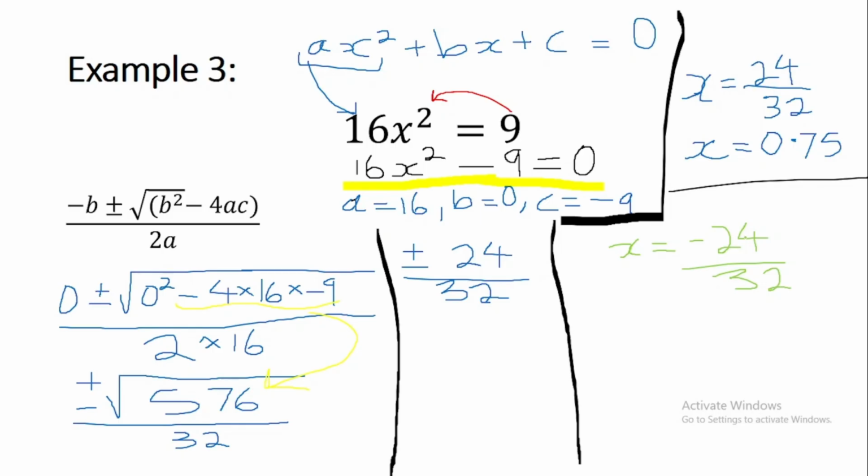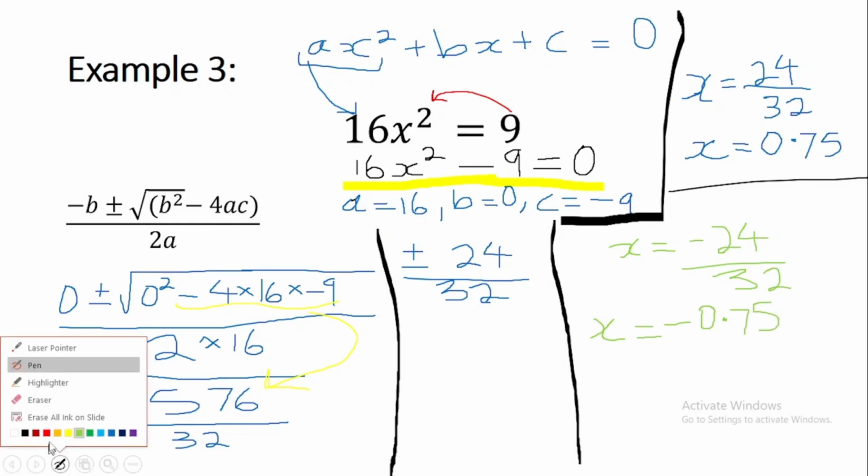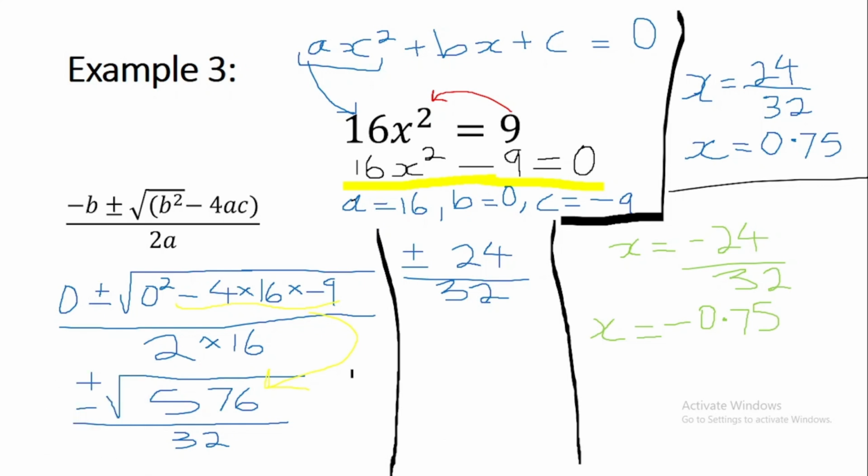So let's write that right there. x is going to be equal to a negative 0.75. With that being said, these are two values for x, where x is equal to negative 0.75 and x is also equal to positive 0.75.